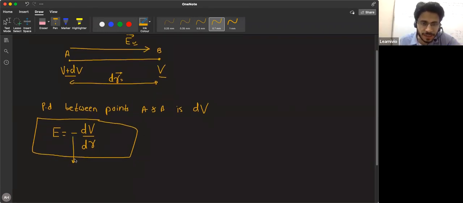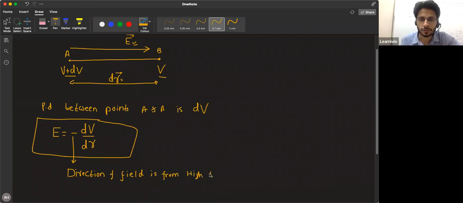This negative sign shows the direction of field, that the direction of field is from high to low potential. One thing.